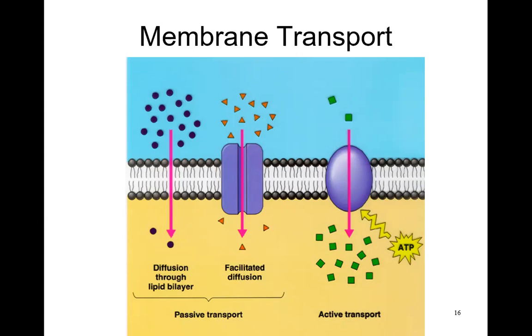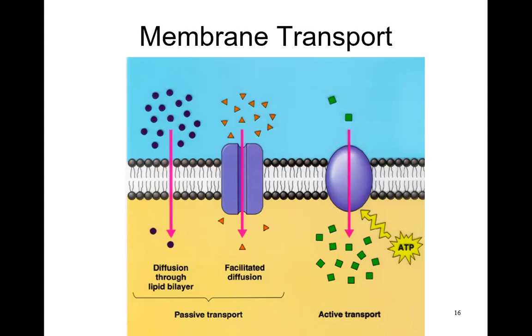In our cells, substances can diffuse across the cell membrane. Oxygen can diffuse across the membrane very easily. Oxygen comes into the cell passively. Carbon dioxide leaves the cell passively, right across the membrane. It's the ideal arrangement for those gases.